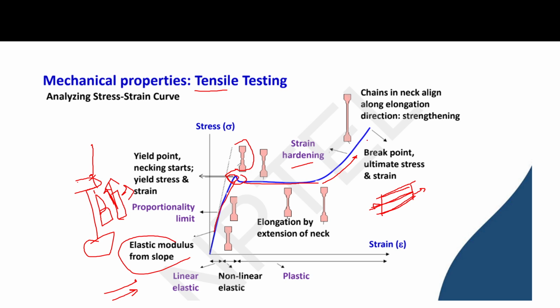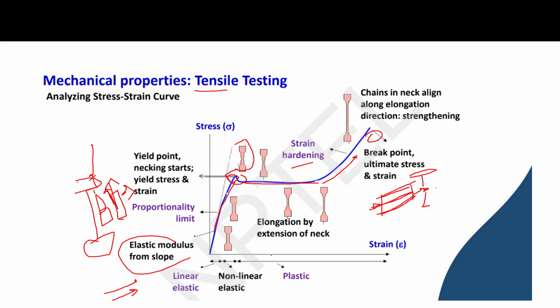After that, some point comes where the polymer ultimately breaks, between the two pistons, from the middle or some other point. It will finally break, and that is the breaking point, or ultimate stress and strain you can get.